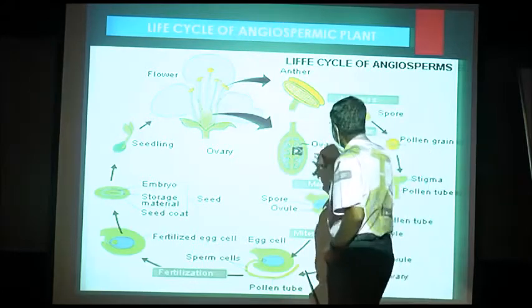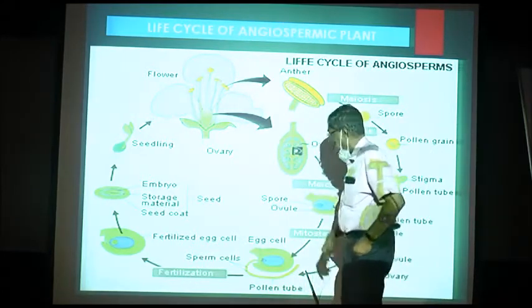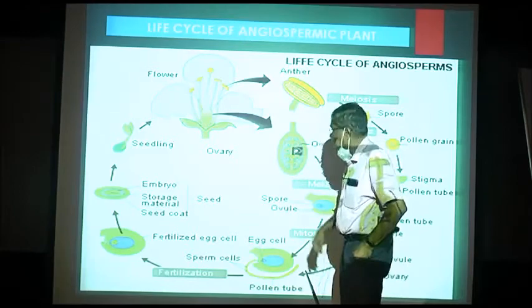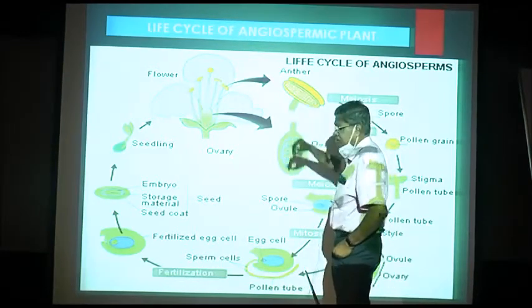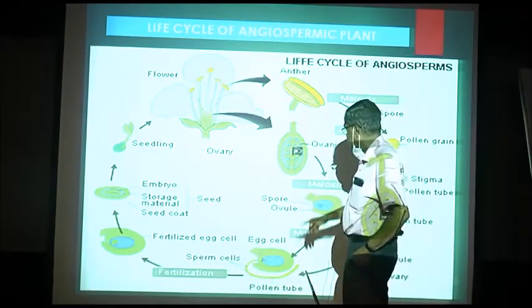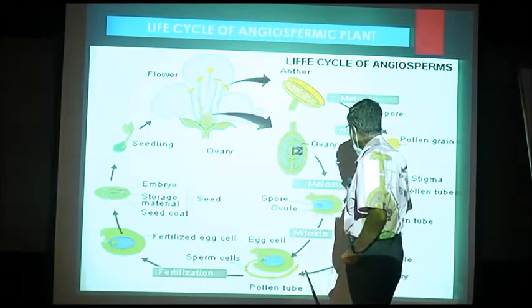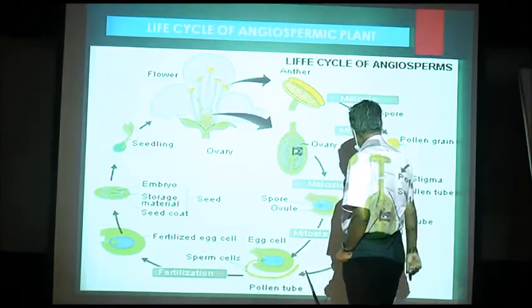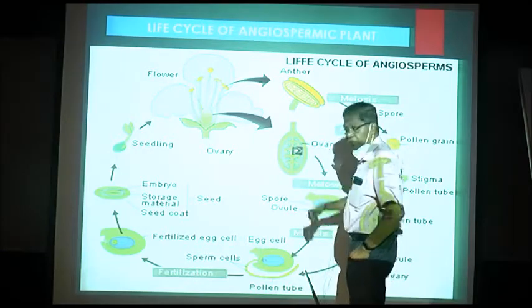Now you see, this is the anther and this is the ovary. The anther itself is diploid, the ovary is diploid, and inside the ovary there is ovule.